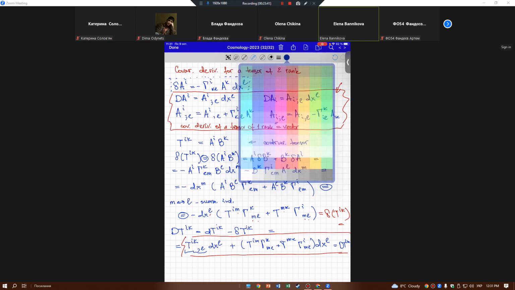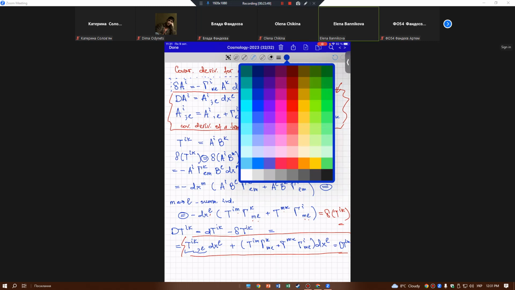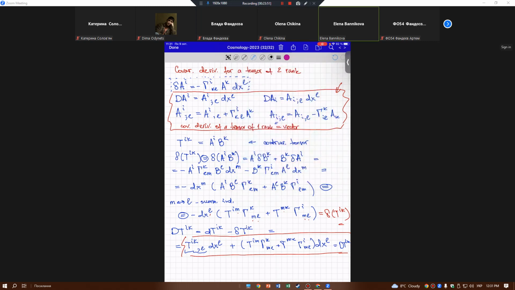If you want to write the derivative, we need to do what? We need to divide formally the dx^l here, due to the definition of the derivative.